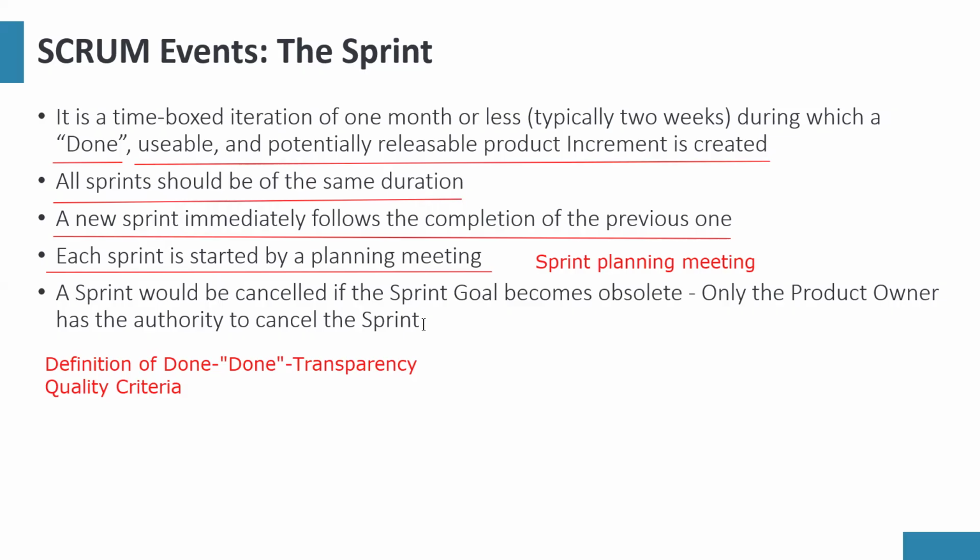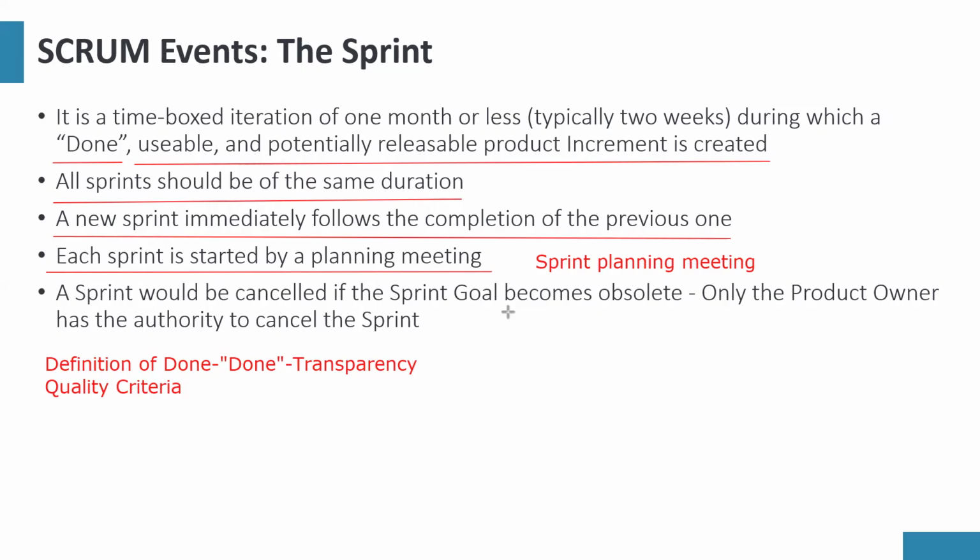But what do we mean by only when the sprint goal becomes obsolete? Now, that means that this 2 weeks time, that has been fixed, the only person that can stop it midway is the product owner.